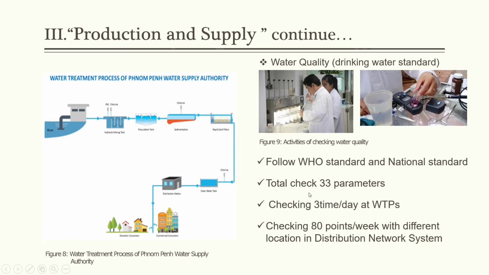The total number of parameters to check is 33, and every day they check 3 times at the water treatment plant, and every week the operator checks 80 points in different locations in the distribution network for the safety of the water quality in Phnom Penh.